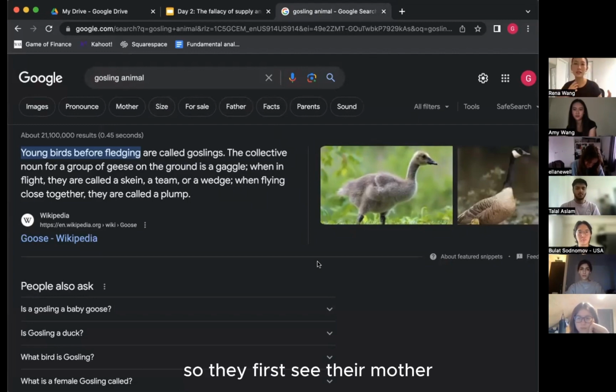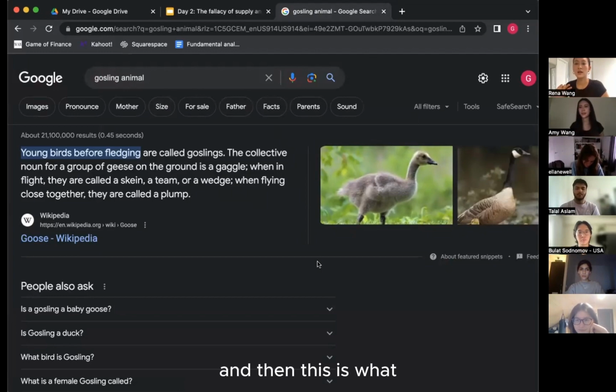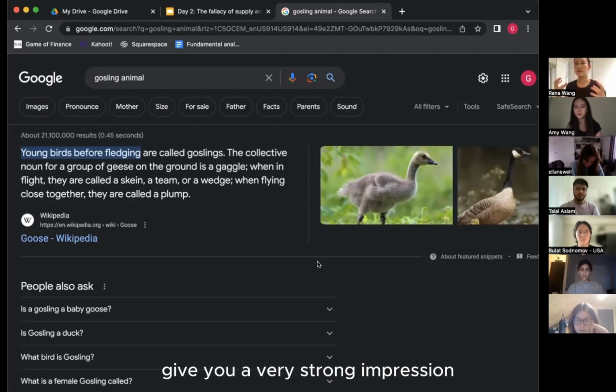They first see their mother and follow her everywhere. Lorenz called this natural phenomenon imprinting. The first impression gives you a very strong impression, so that's why it's called imprinting.